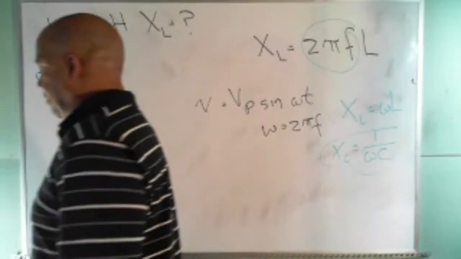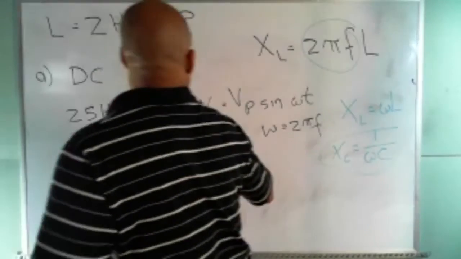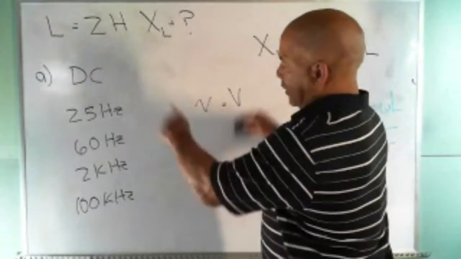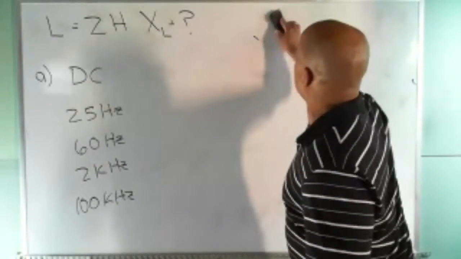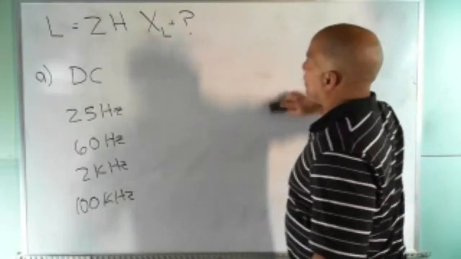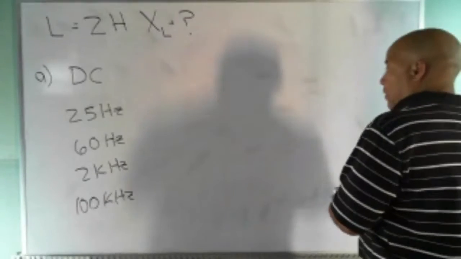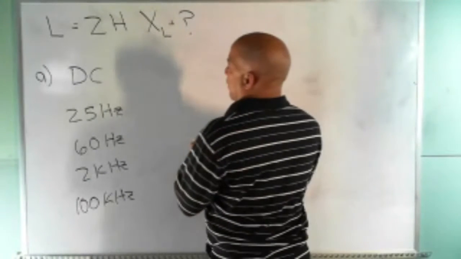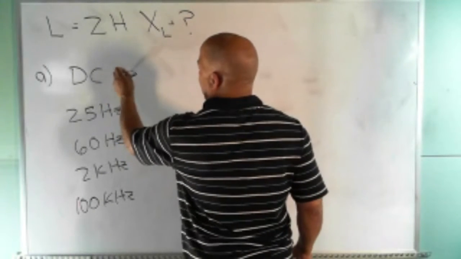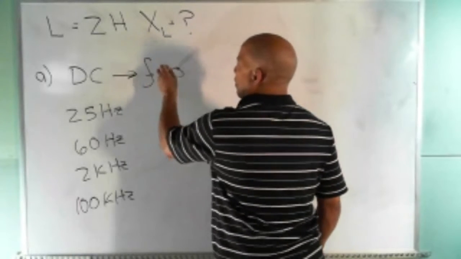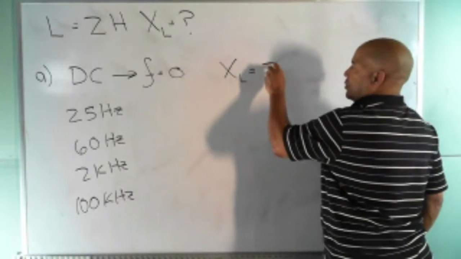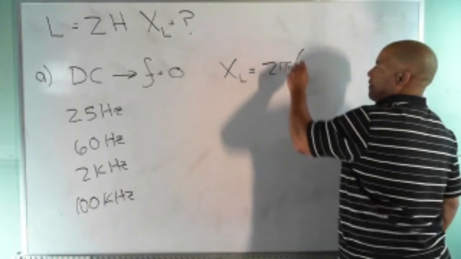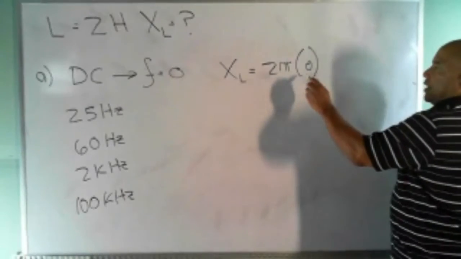So let's do these problems. I don't know that we have to do all of them, I think you're just plugging numbers into a formula. Let's go ahead and do a few of these. So DC has a frequency of 0. So if I have XL is 2 pi, if the frequency is 0, it doesn't matter that this is 2 henries.